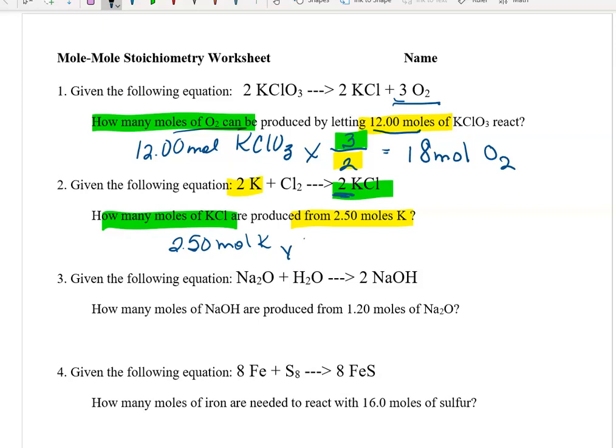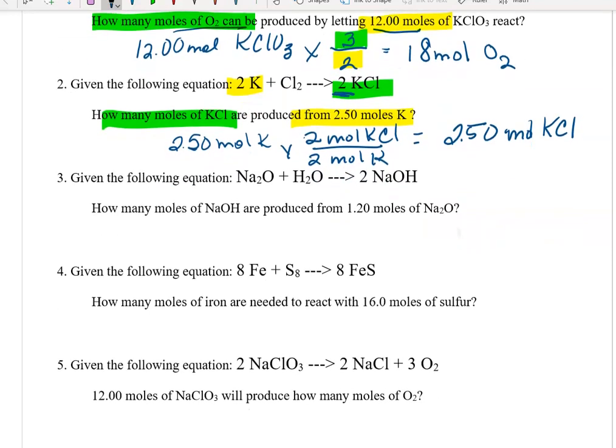This is my unknown. 2 moles of KCl will be formed for every 2 moles of potassium used. So that cancels out to 1. If we start with 2.5 moles of potassium, we will make 2.5 moles of potassium chloride.